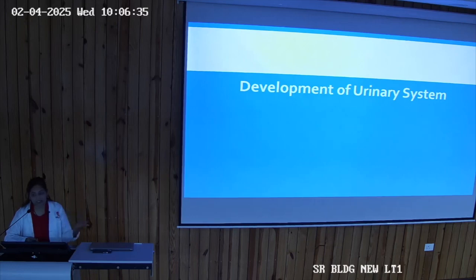So we will cover genital in the next class. Today we will cover development of urinary system. Okay. So throughout the classes we have taken, from when it started, we actually learned that there are three mesoderm: paraxial, intermediate, and lateral plate of mesoderm. So this urogenital system originates from the intermediate mesoderm.